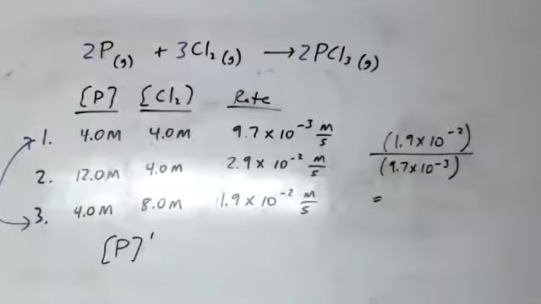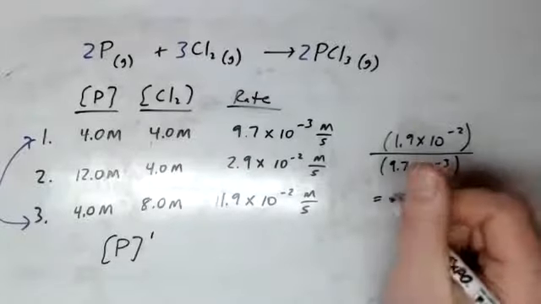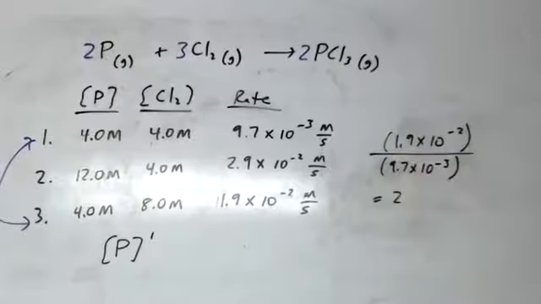What do we get? And my answer here is approximately 2. It's about 1.958, but it's approximately 2.